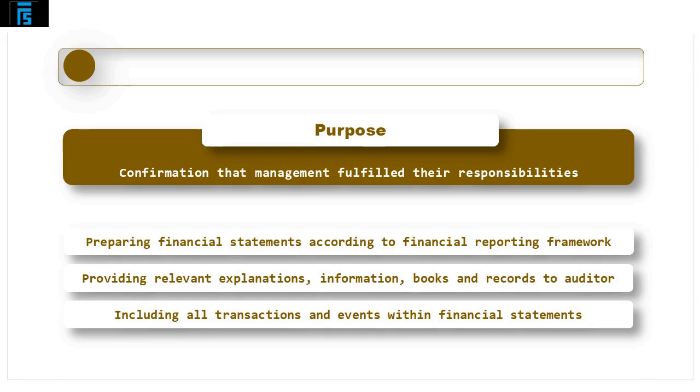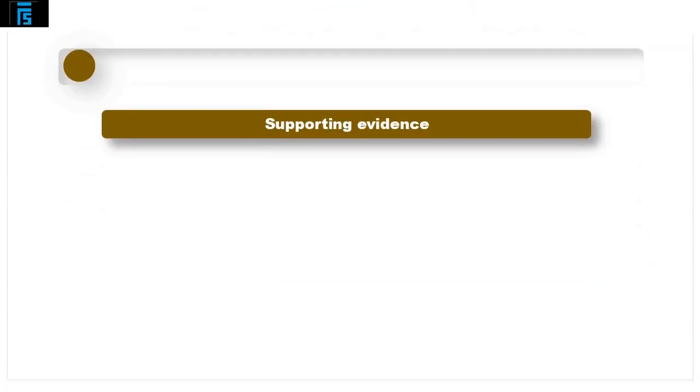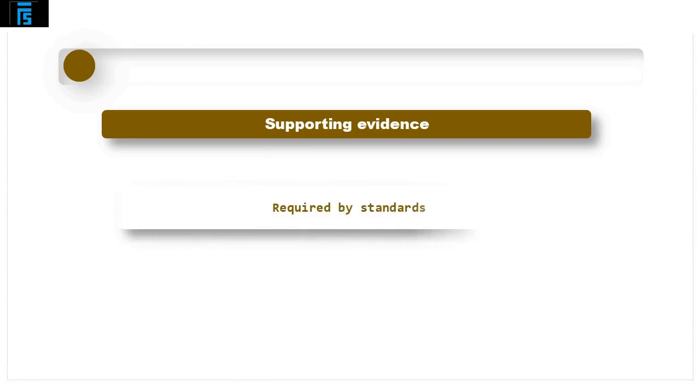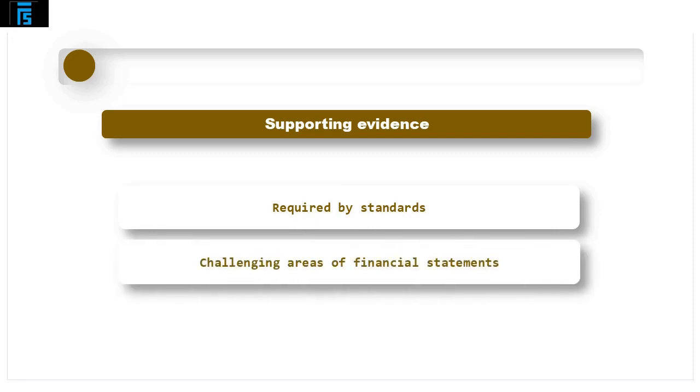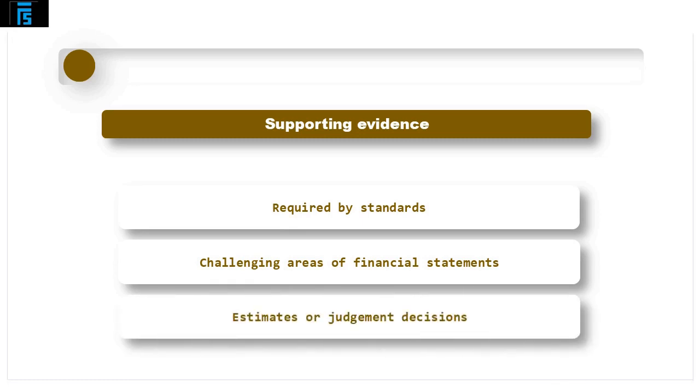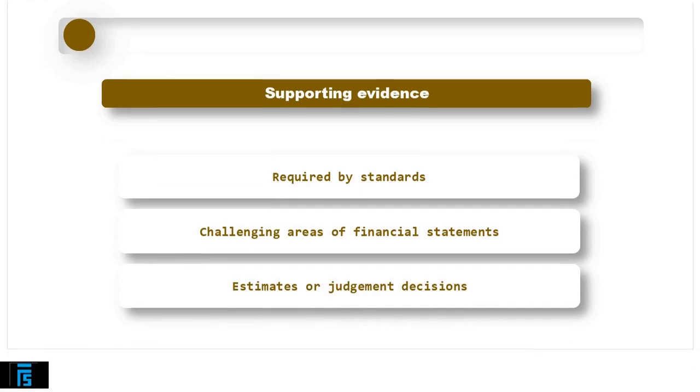Written representations also act as supporting evidence of matters that the auditor feels necessary to form sufficient appropriate evidence. This could be if required by auditing standards, or if there are areas of the financial statements that are more challenging to gather evidence on, for example balances that contain estimates or judgment decisions made by the directors.